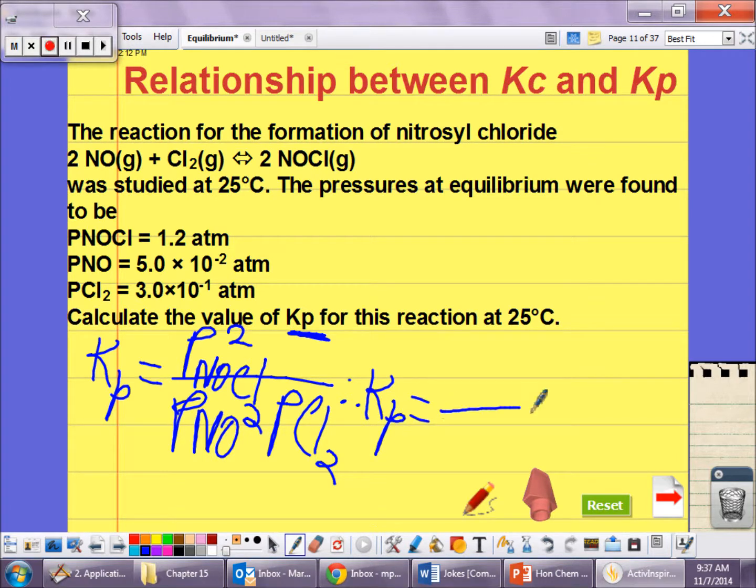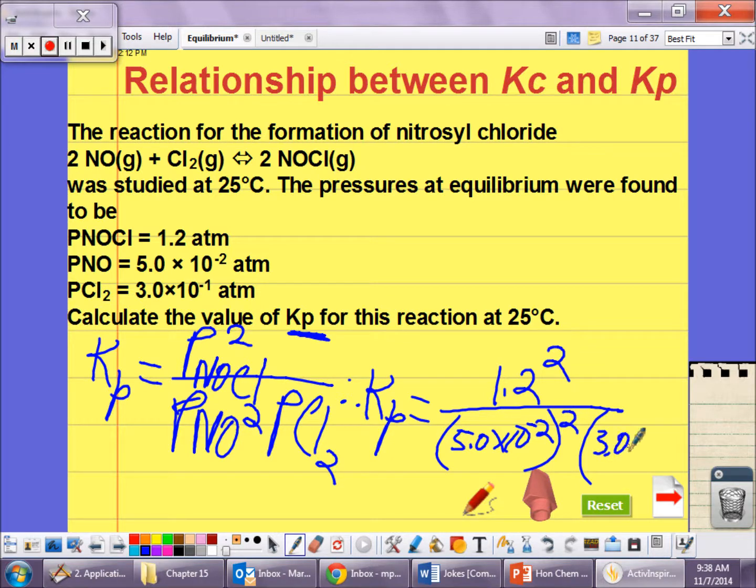Remember to write the expression first. So the pressure for NOCl is 1.2, and then it says to the second power, it is squared, over the pressure of NO, which is parenthesis 5.0 times 10 to the negative 2, to the second power, times the pressure of Cl2, which is 3.0 times 10 to the negative 1.